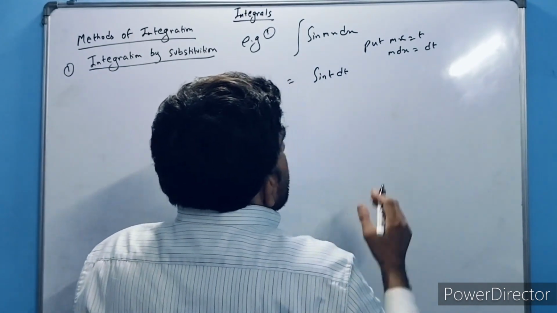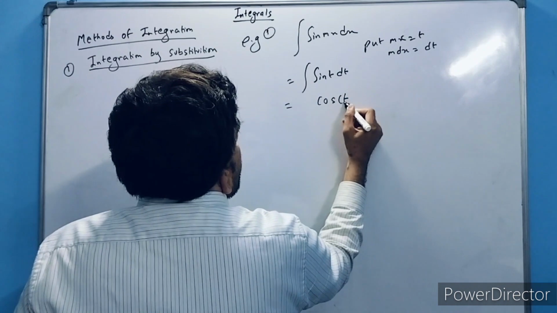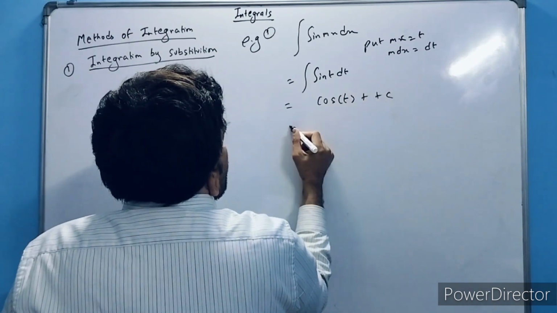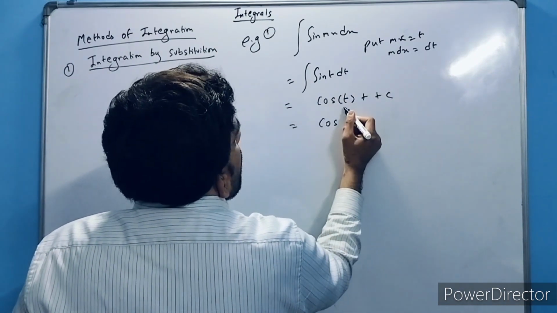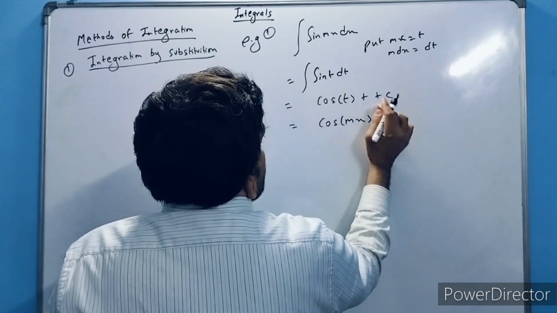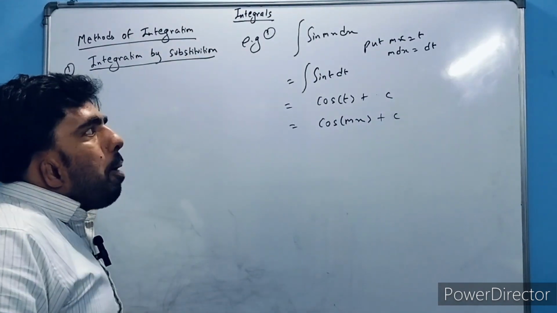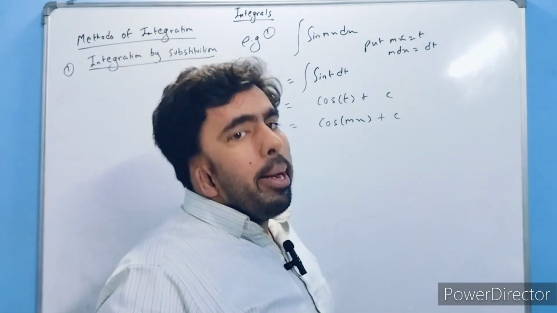We can easily integrate this to get minus cos t plus c. Now I can put back the value of t: minus cos mx plus c, divided by m. That is how we can apply the method.